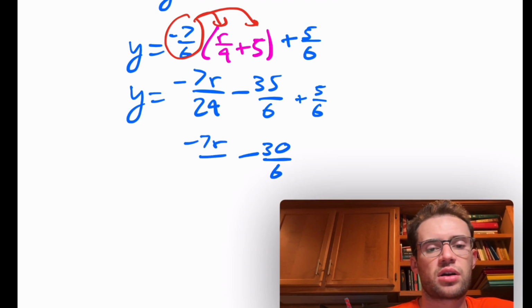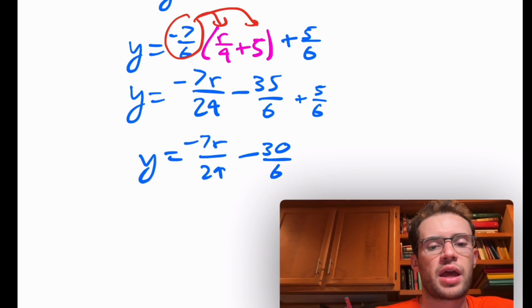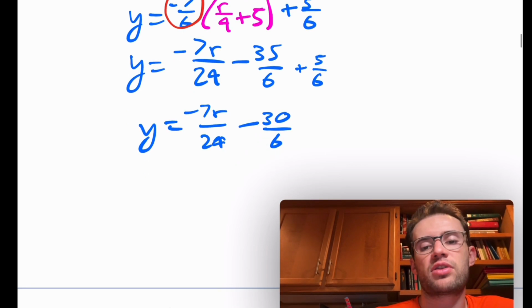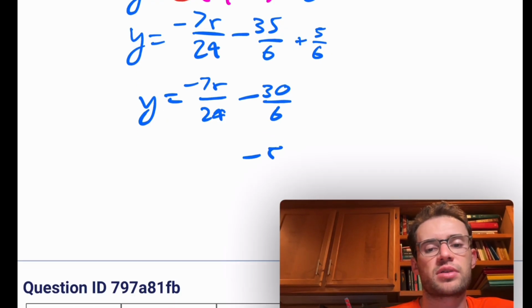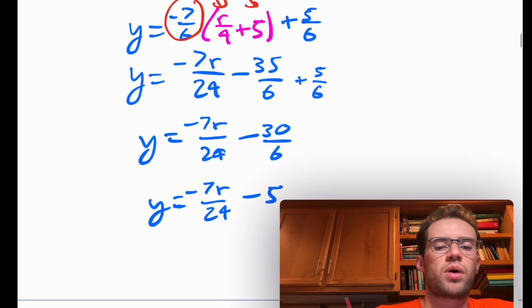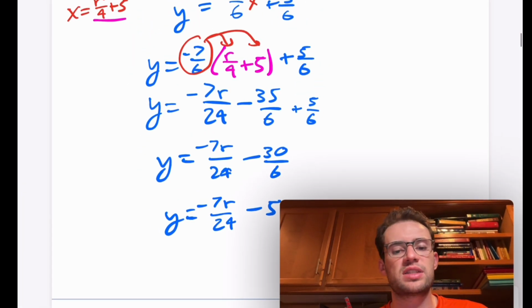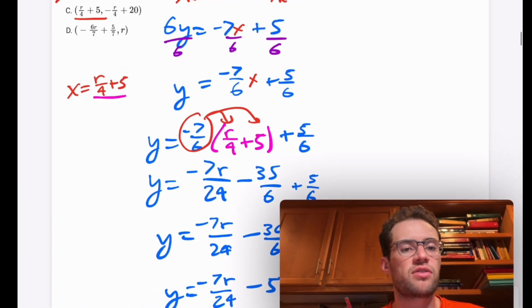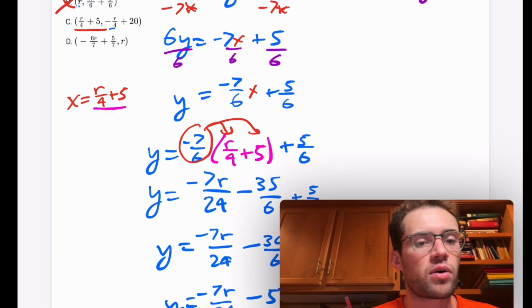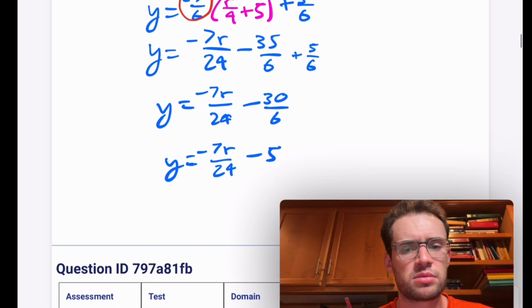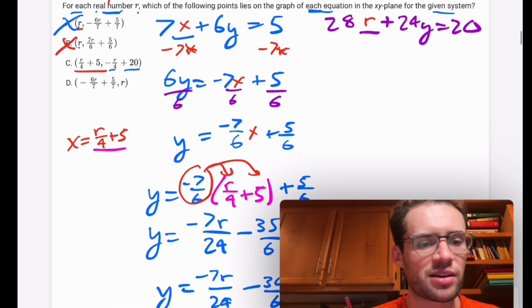So negative 7r over 24, and negative 30 divided by 6 is just negative 5. So y should be equal to negative 7r over 24 minus 5, not negative r over 4 plus 20. So it's not C either.